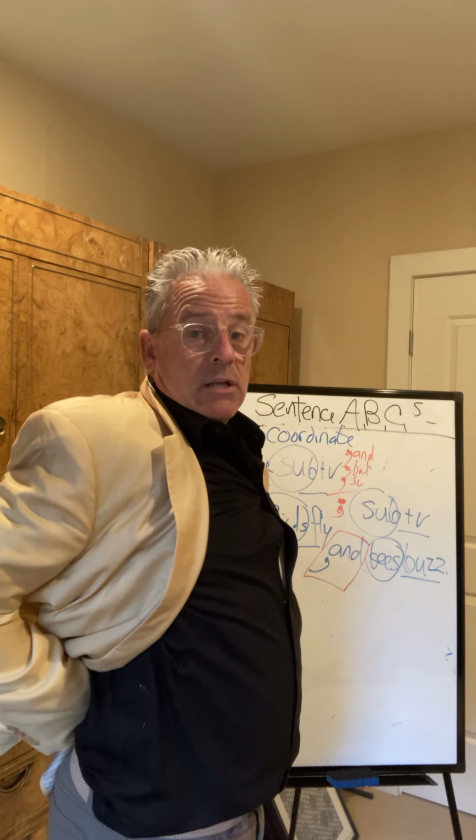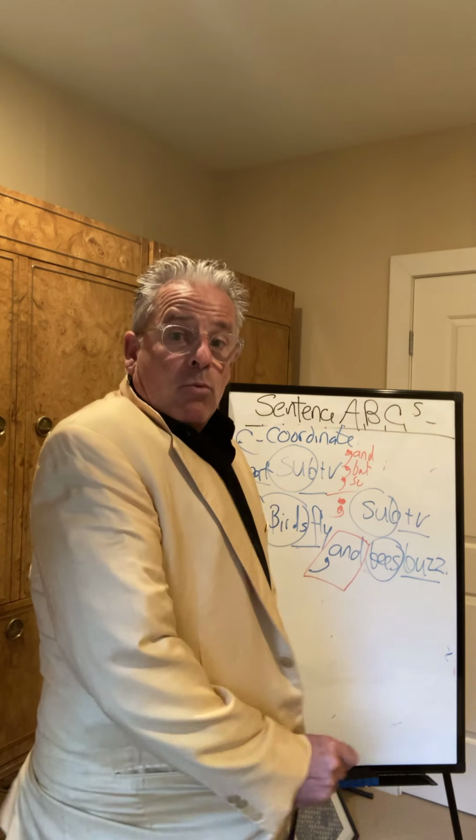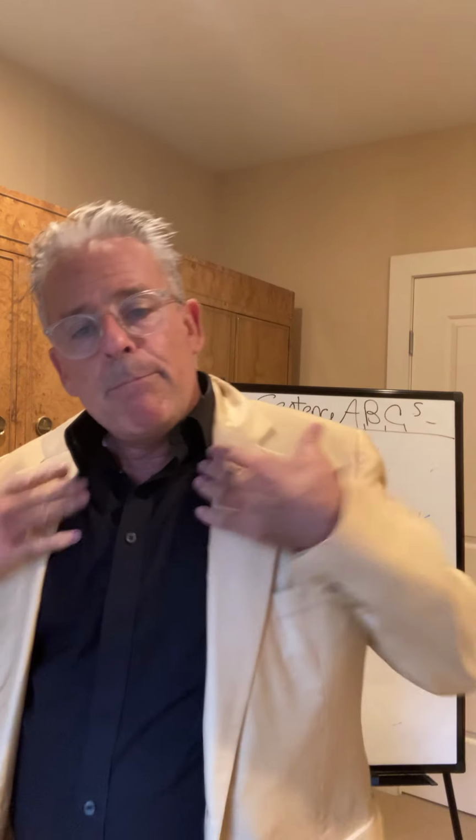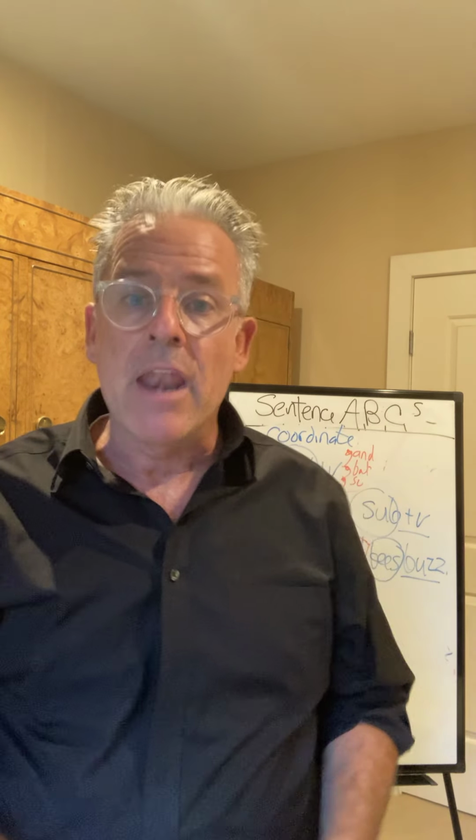I'd have to pull in my stomach a little bit. Or I could wear the blazer without these pants. Hopefully I would put on another pair of pants. But I put them together today because I like the way they go. And that's how coordinate sentences work. We like the way they go, those two parts. And so we show that with the comma and the subject-verb pairs.